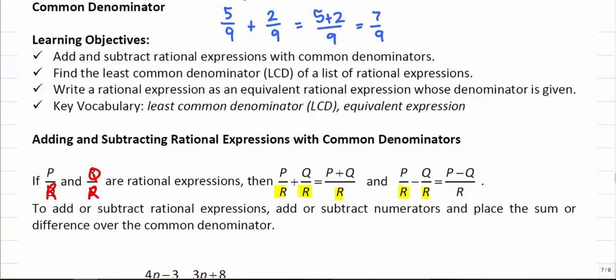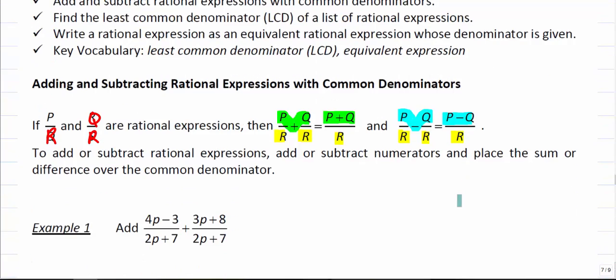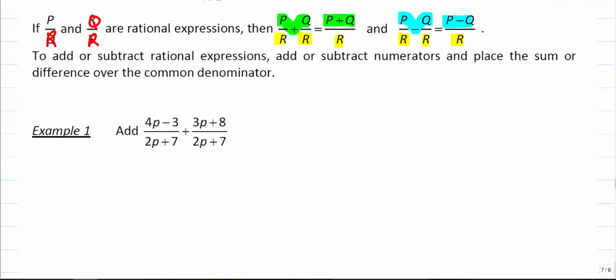So if you're adding two fractions with the same denominator, add the numerators, keep the denominator. If you're subtracting two fractions with the same denominator, subtract the numerators and keep the denominator.